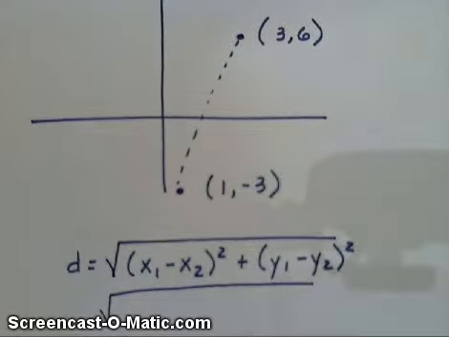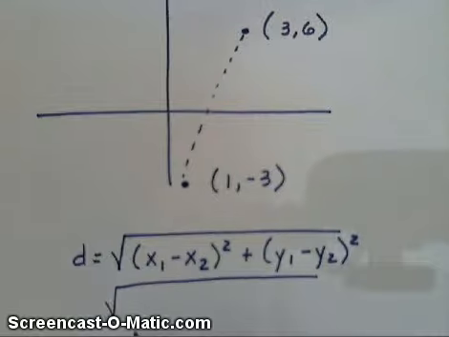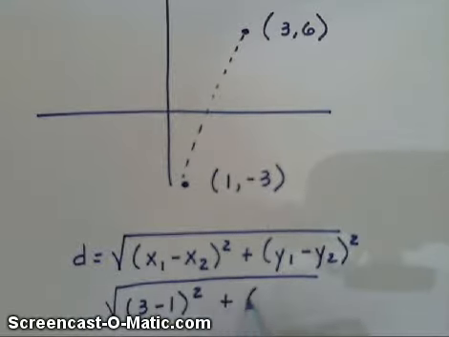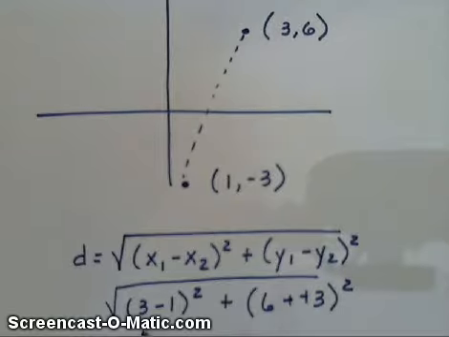Those are our two x coordinates. And so let's just subtract 3 minus 1, or 1 minus 3 squared, plus our two y coordinates are 6 and -3. I'm going to say minus -3 or plus 3. The distance between these two then is 2 squared, which is 4, plus 9 squared, which is 81, which is the square root of 85.